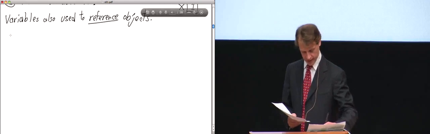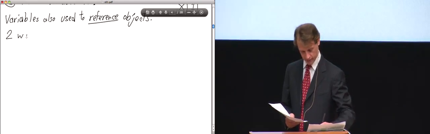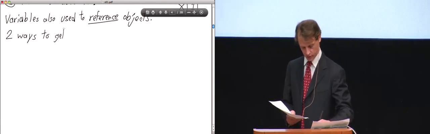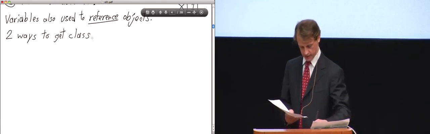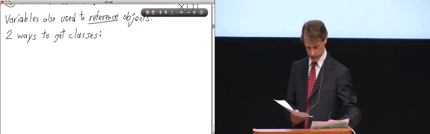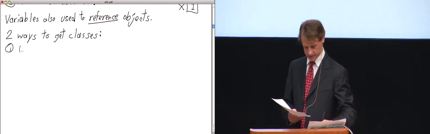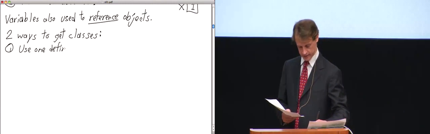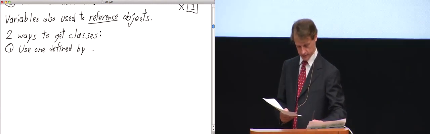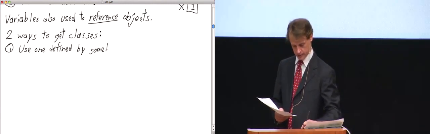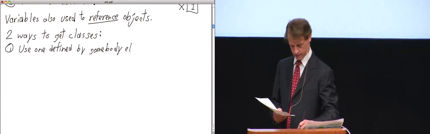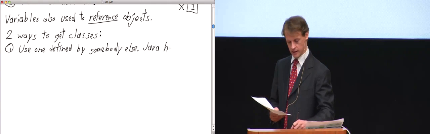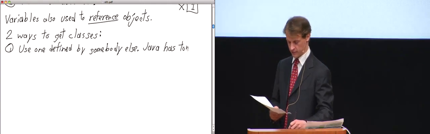Now, before we can talk about how you reference objects, we need some classes to work with, classes of objects. And there are 2 ways to get classes of objects. One is to use one that's been defined by somebody else. As it happens, Java has tons of predefined classes that are built in.